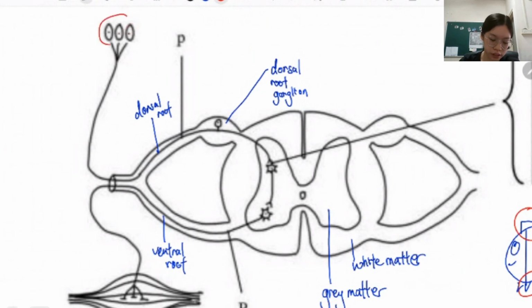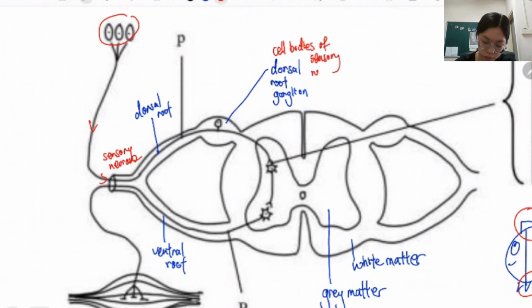So here you can see this one is actually the sensory neuron, right? Every neuron has a cell body and dendrite, so the cell body of the sensory neuron is inside this dorsal root ganglion.